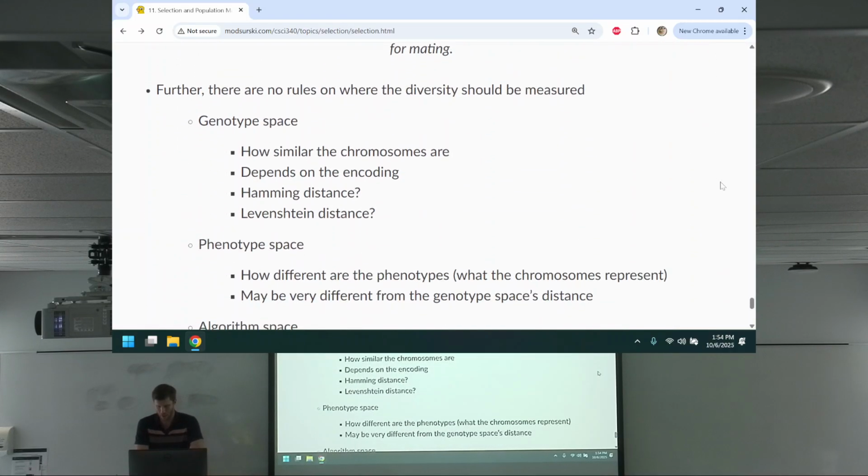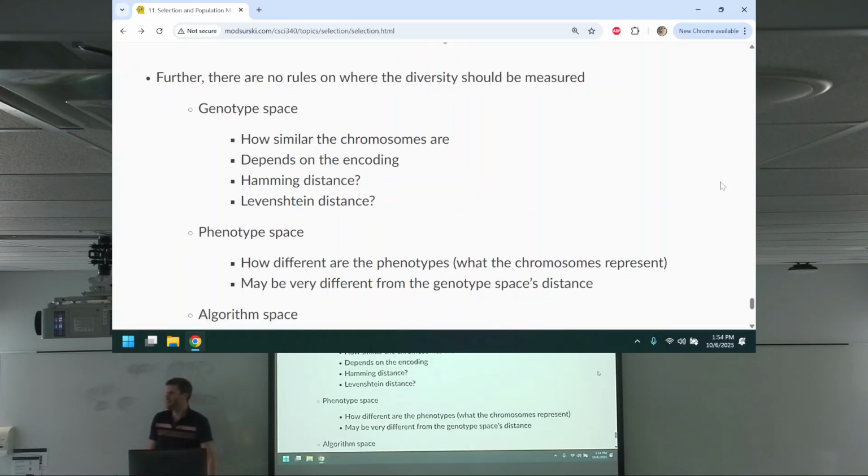All right, so at the end of the day, I've been talking about diversity and how it's difficult to measure. It really is difficult to measure because there might be multiple things that we could measure, but what's the right one, I don't really know. For example, should we measure diversity in the genotype space, like the encoding space, what the chromosomes look like?